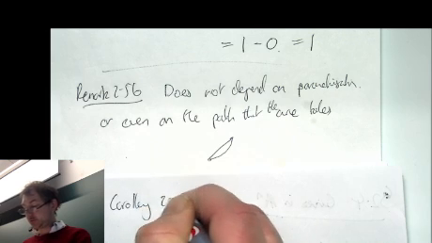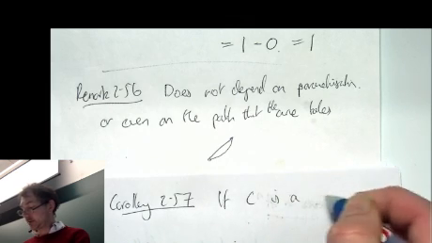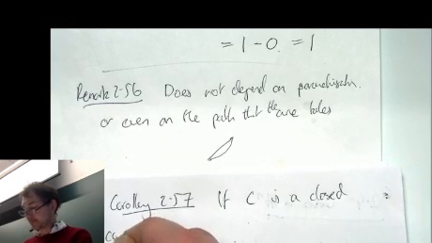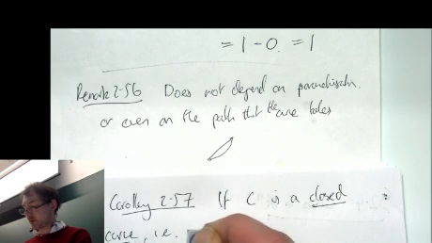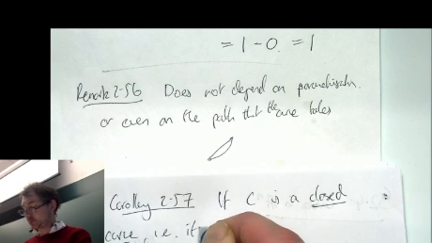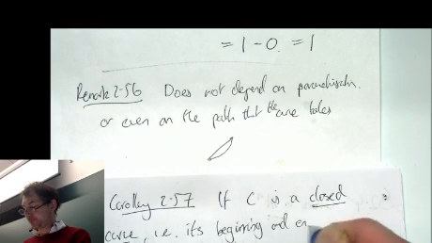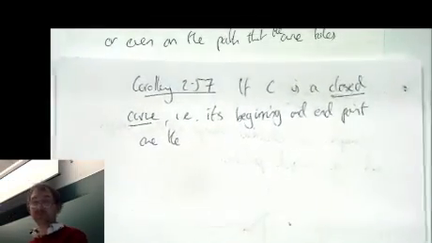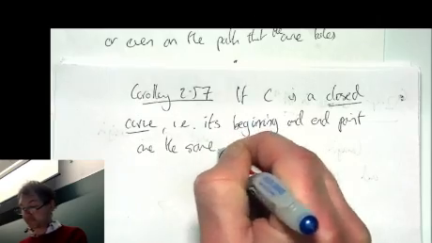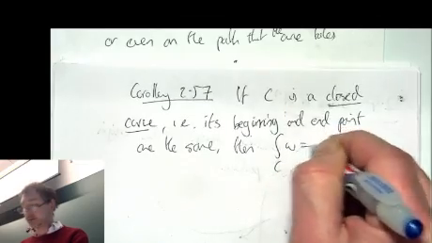Corollary 2.5.7: if C is a closed curve, i.e. its beginning and end point are the same, then the integral around the curve is 0.